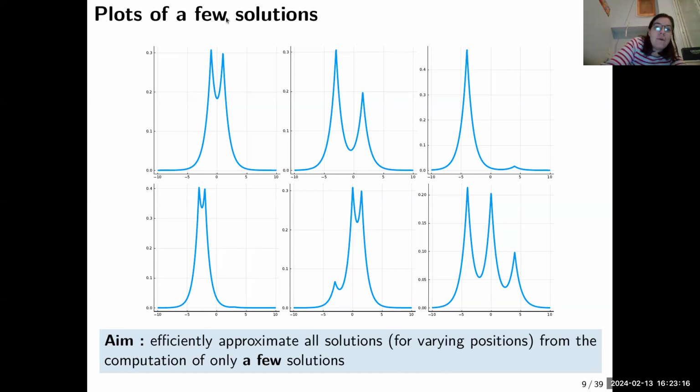You see they have these typical peaky shapes, and the locations of the different peaks coincide with the location of the different nuclei in the molecule. And as you move the positions of the nuclei, the location of the peaks may move, as well as their amplitude.